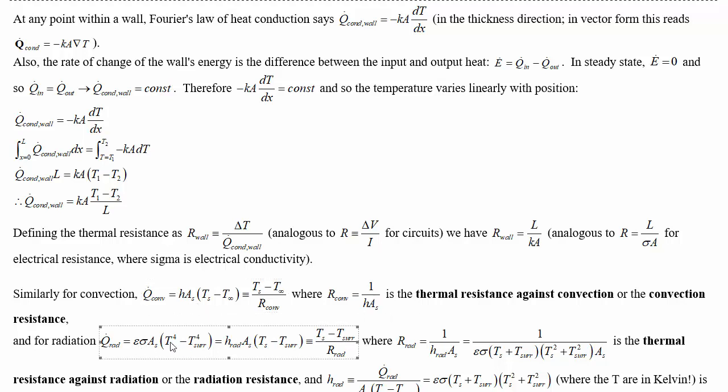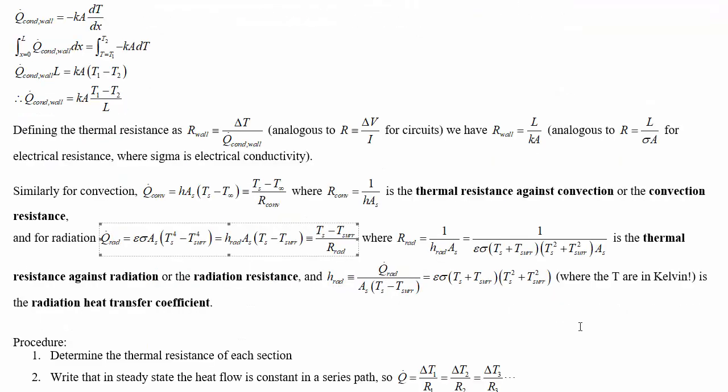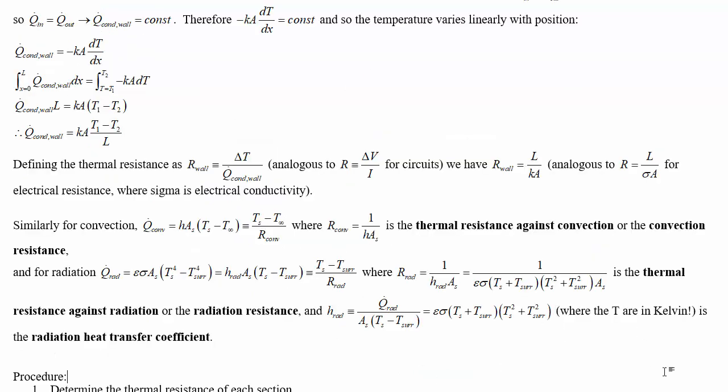If we use that construction where we used the difference of squares twice to write an effective radiative heat transfer coefficient, then we have an effective radiative resistance as 1 over h_rad times surface area, and h_rad substituting in emissivity, Stefan-Boltzmann constant, and these factors of temperature. Okay, so now we've got effective resistance for all three mechanisms of heat transfer.